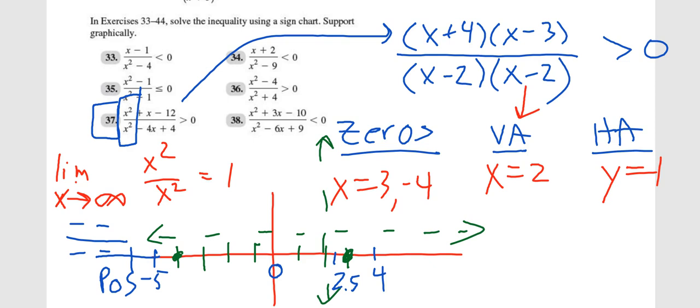Okay, let's see if I can catch up to you here. Plugging in 0, I got positive, negative, over, negative, negative. What's that end up being? That's definitely negative, so this section where the 0 is at is negative. 2.5 goes in this section right in here. 2.5 would be a plus, 2.5 minus 3 would be a minus, and a positive and a positive.